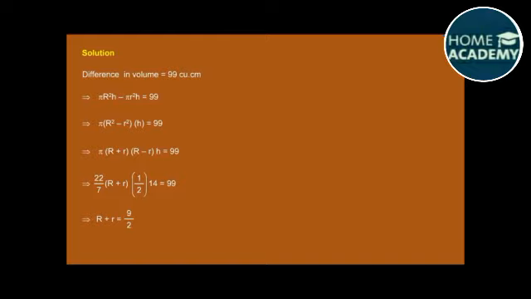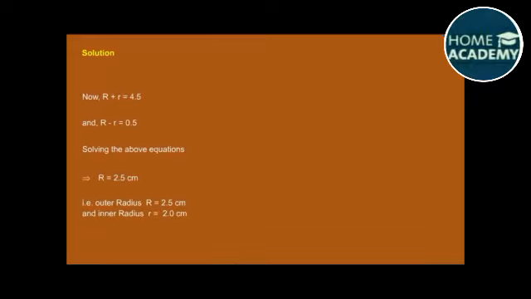It implies pi into capital R plus small r into capital R minus small r into h is equal to 99. It implies 22 upon 7 into capital R plus small r into 1 upon 2 into 14 is equal to 99. It implies capital R plus small r is equal to 9 upon 2.